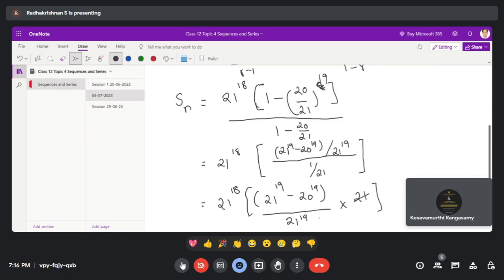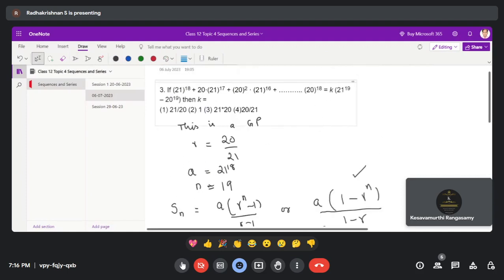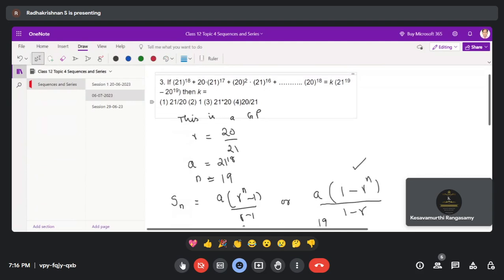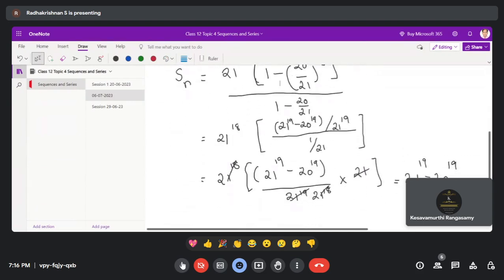And I cut this, it becomes very good. So you are right, 21 to the power of 18 gets cancelled. You simply get 21 to the power of 19 minus 20 to the power of 19. What is simplified? So it is given as k into 21 to the power of 19 minus 20 to the power of 19.